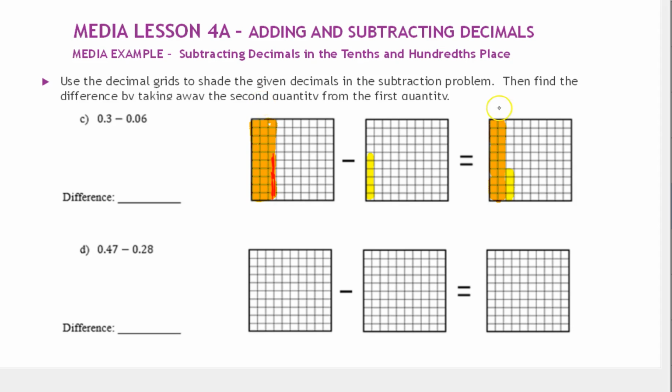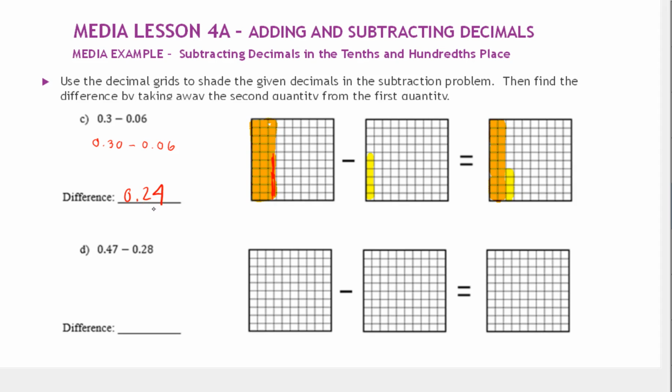So this is our result, 2 orange and 4 hundredths, which is 0.24. Let's take a second to connect this to an idea that we learned before. We said that 3 tenths is the same as 30 hundredths, so we can think of this as 30 hundredths as opposed to 3 tenths, and then 30 minus 6 is in fact 24.